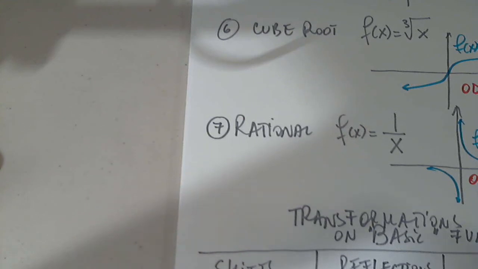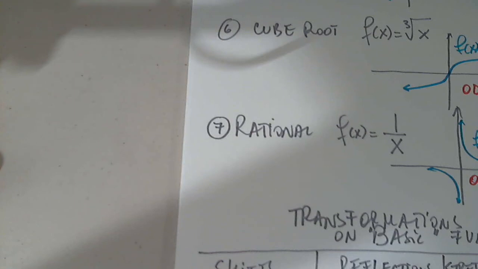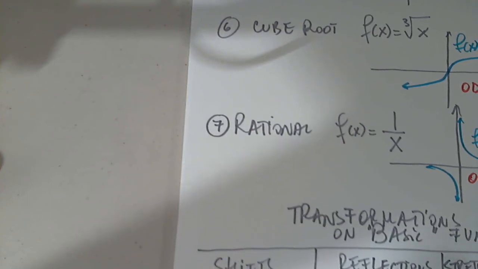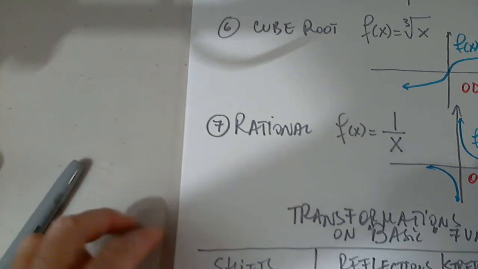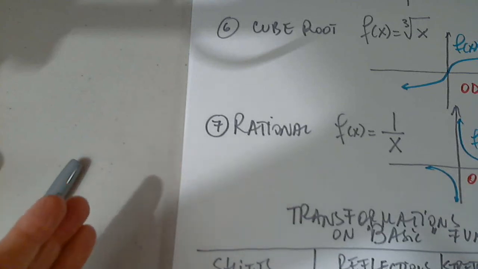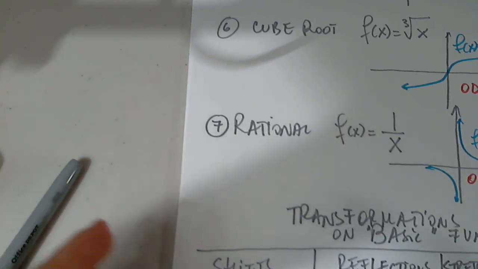And the last one, stretching or shrinking. Stretch, shrink. Horizontal, one category, vertical, a different category. So basically 1, 2, 3, 4, 5, 6. 2 possible shifts, 2 possible reflections, and 2 possible stretching, shrinking of the graph. We're going to start slowly, we're going to build together, and then we're going to make combos.